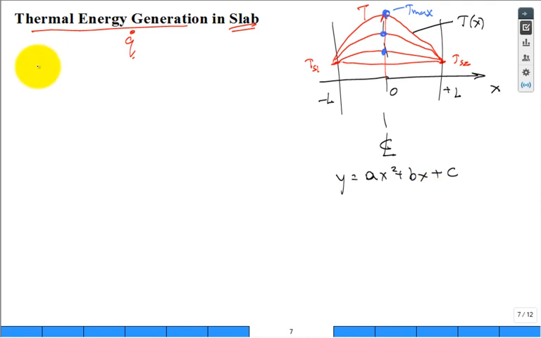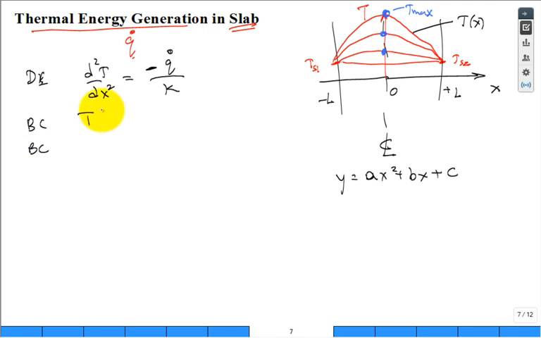Okay, how do you get that solution? You start off with a governing differential equation. What's it look like? Second derivative of temperature with respect to x squared equal to minus, because I put the Q dot on the other side, and I have a divide by thermal conductivity. We worked hard in Chapter 2. That's got to come from Chapter 2. That's our governing heat equation. It's second order in space. I need two boundary conditions.